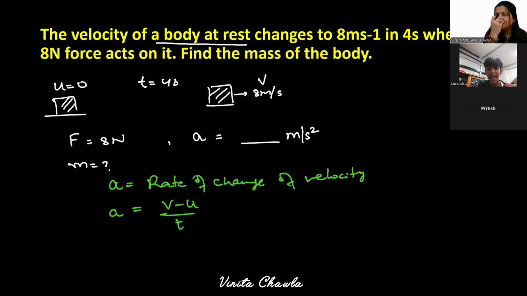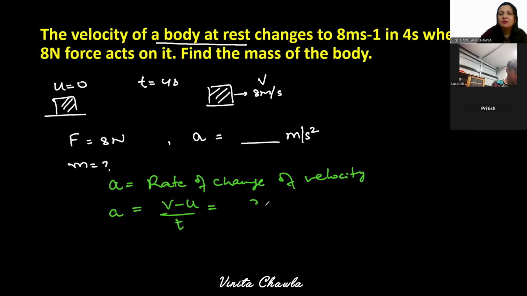How do we find acceleration? V minus U upon T. What is V? Velocity. Final or initial? Final. Initial is the earlier one, final is the later one. V is final and U is initial.